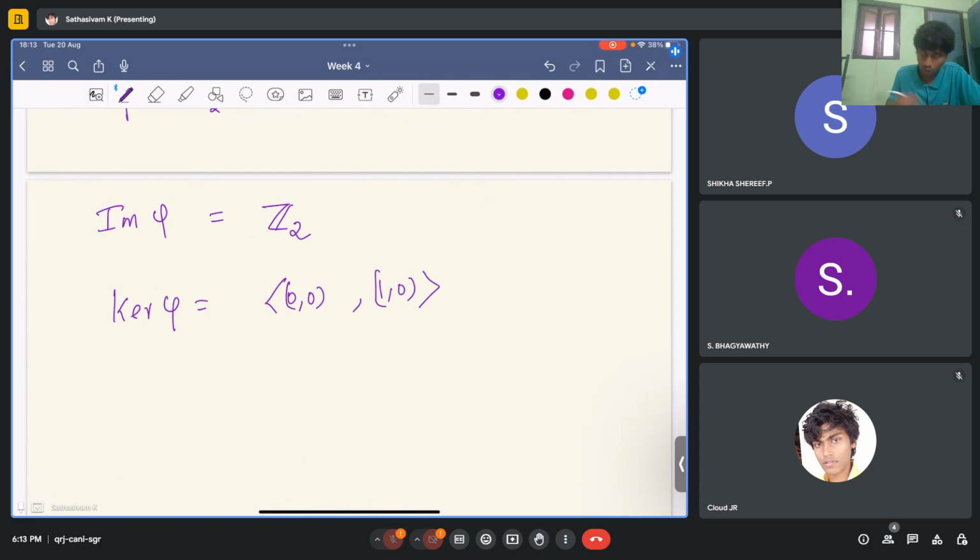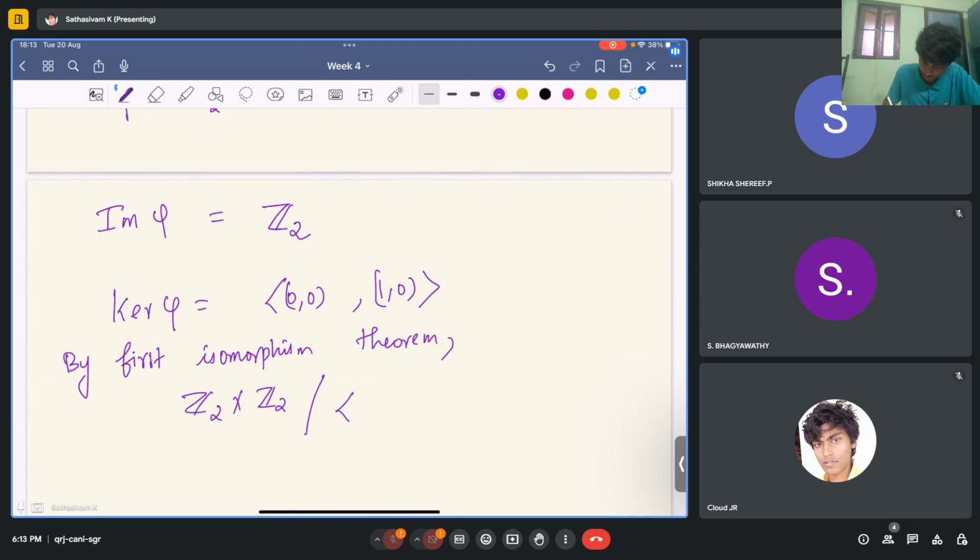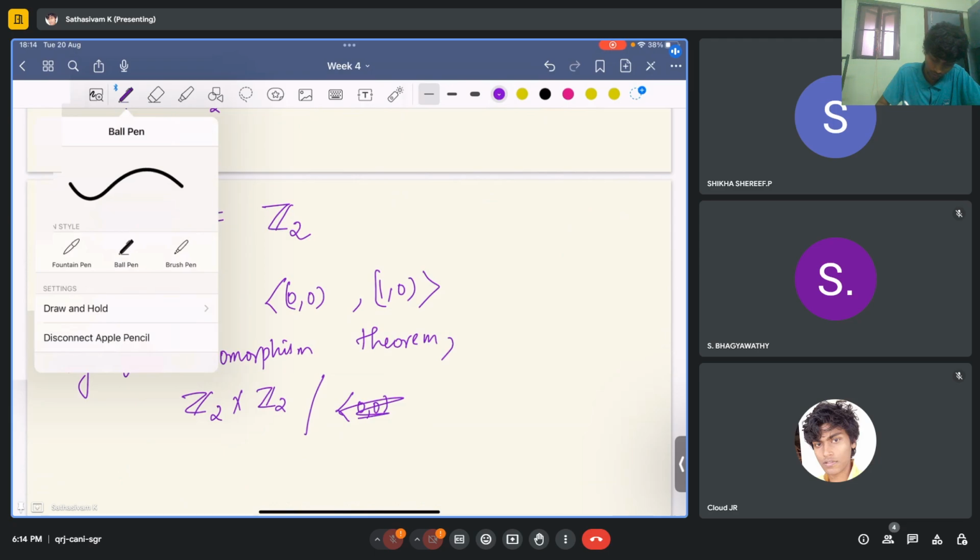Now you apply the first isomorphism theorem. What you get is your group, Z2 cross Z2, divided by the kernel, which is the subgroup.